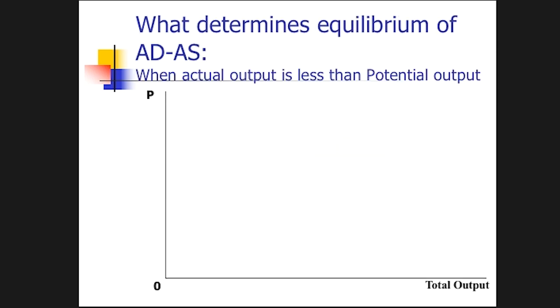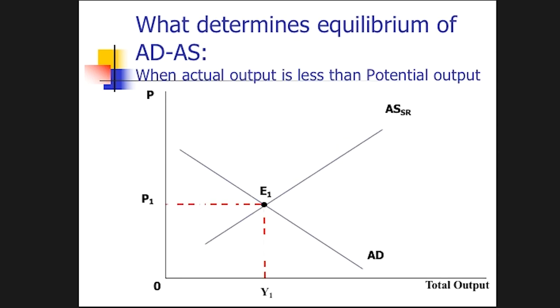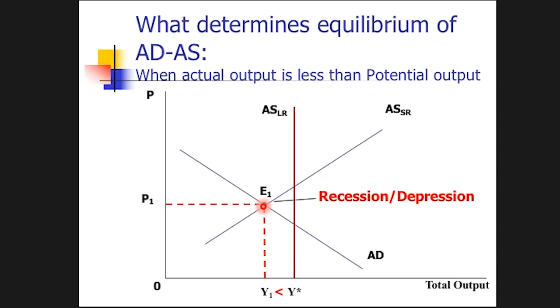But if the equilibrium E1 stands to the left of the long-run AS, it means that the actual output is lower than the potential output. So this is called recession or depression.